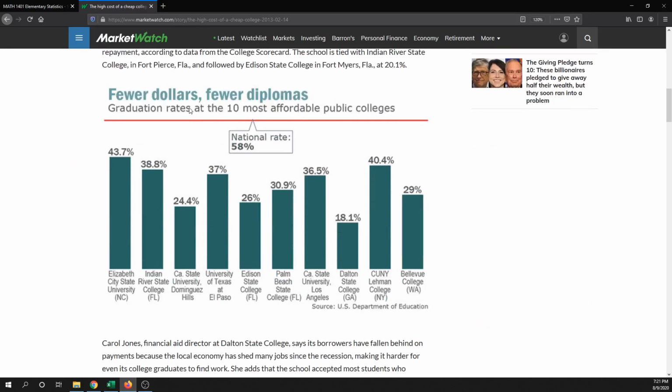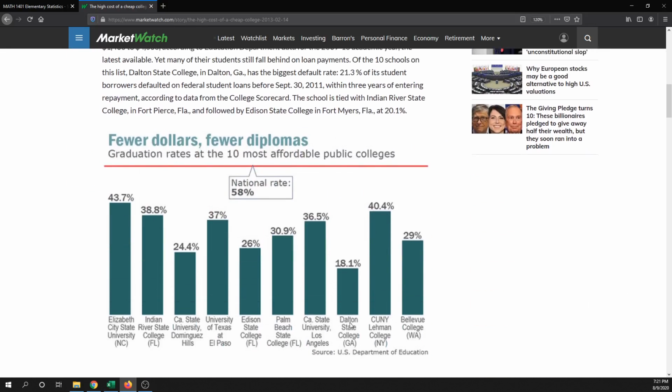If you look at the study, you'll see this is 2011. At that time, Dalton State College had an 18.1% graduation rate, and it was one of the 10 most affordable public colleges in the United States.